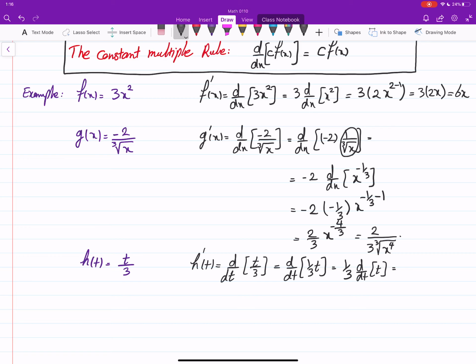We know that the derivative of x with respect to x is 1. Derivative of t with respect to t is also 1. So in other words, I'm using the power rule here. And that is 1 over 3. And you can do more of this work using the constant multiple.